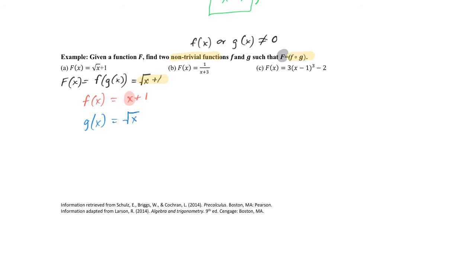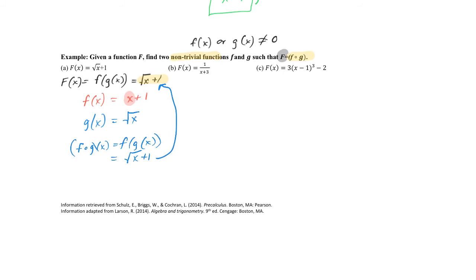So if f of x is x plus 1 and g of x is the square root of x, then f composed with g, f of g of x, would equal the square root of x plus 1, which is that composition. These just take a little bit of work before you start to see the pattern.